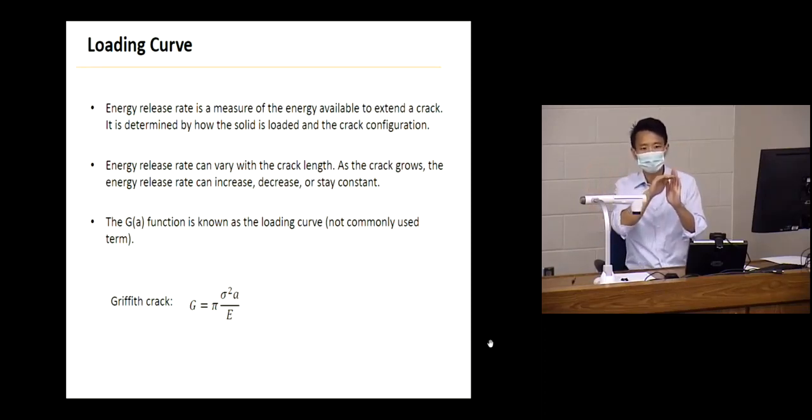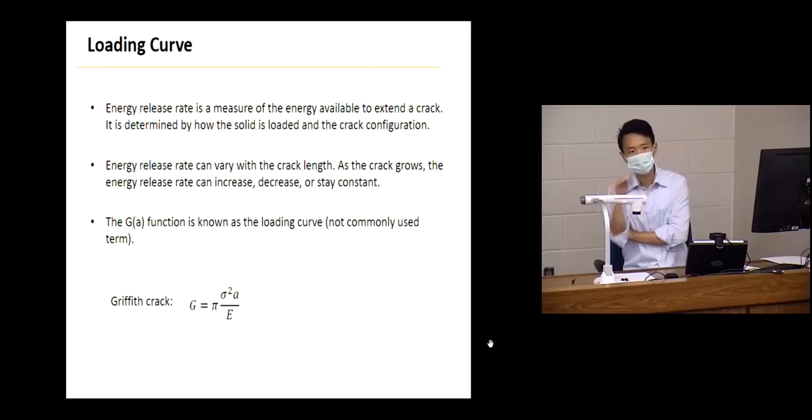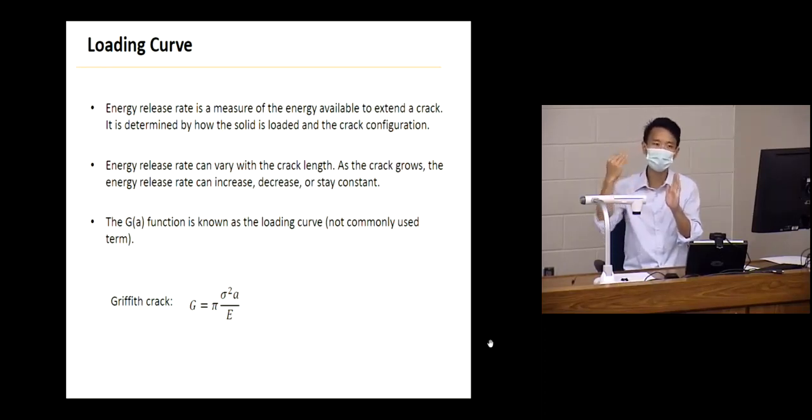So G, the energy release rate, if it increases with the crack length, then we have a worse situation than before, because my initial G already reaches the critical fracture energy, and the crack starts growing a little bit. After the crack has grown a little, the energy release rate increased even more. That means there is more energy to keep the crack growing. So that is a worse situation, right?